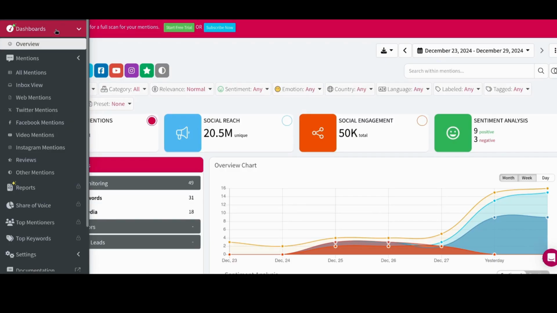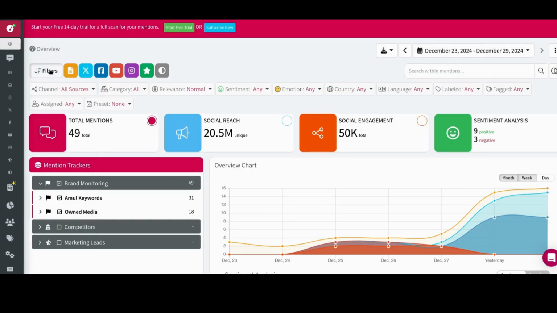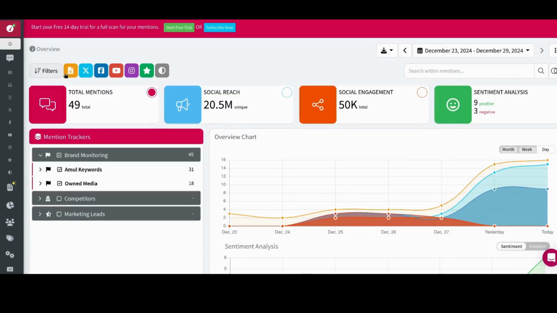First, we'll go through the overview. In this overview, as you can see, there's a set of filters, and here are the platforms on which Amul's branding will be assessed. So these are all the platforms.